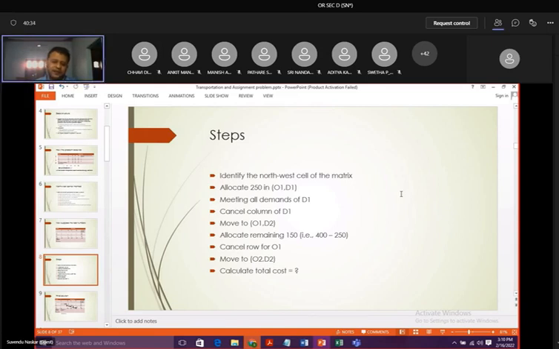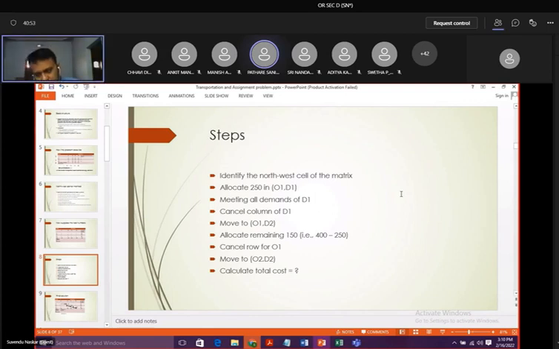Think about it logically. We're just using an intuitive way of calculating the least cost. The northwest corner method is just a very broad framework or algorithm, you can say.